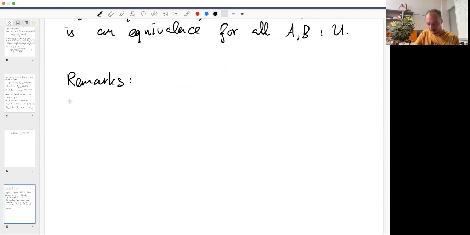The first one is just by the fact that it's a characterization of an identity type, we know by the fundamental theorem of identity types that the total space of all equivalences is going to be contractible.